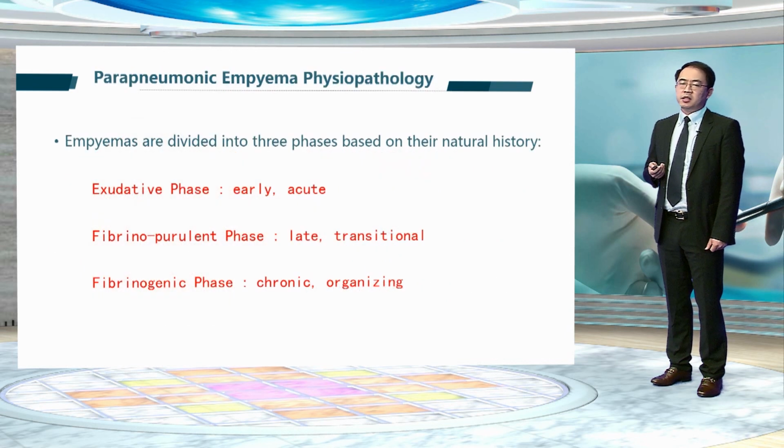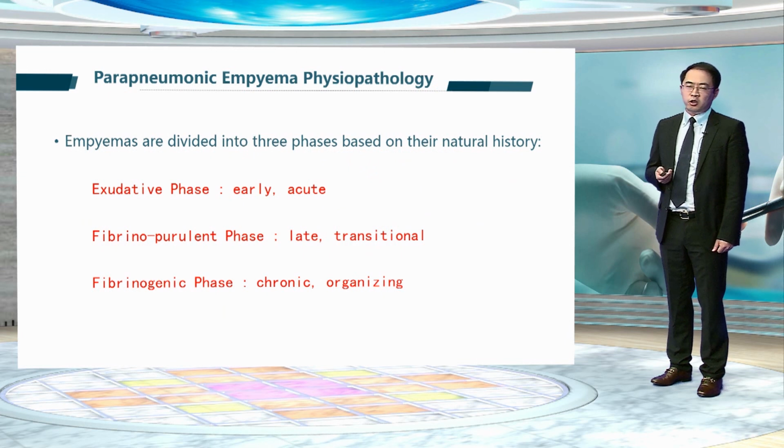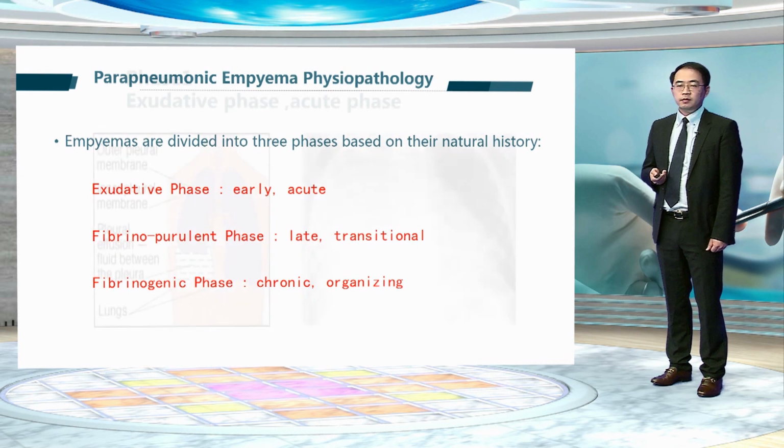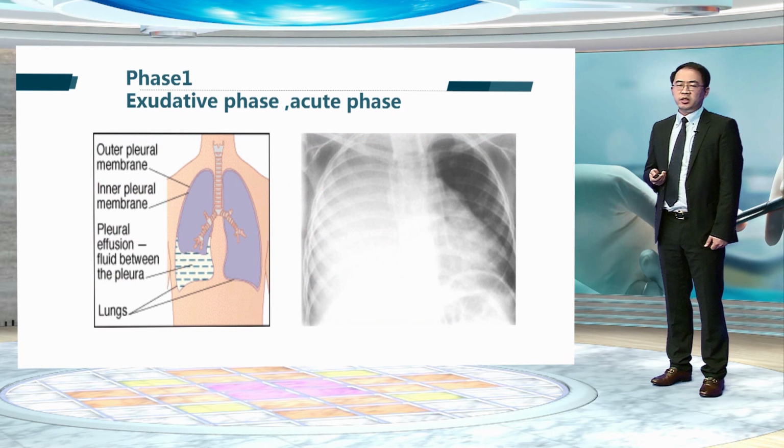So empyema is divided into three phases based on its natural history. The first is the exudative phase, which is early and acute. The second is the fibrinopurulent phase, which is late and transitional. The third is the organizing phase, which is chronic. The first, exudative phase, is also called the acute phase.